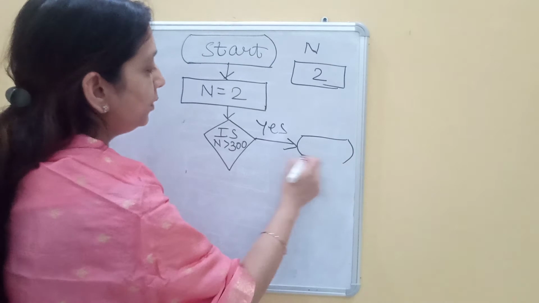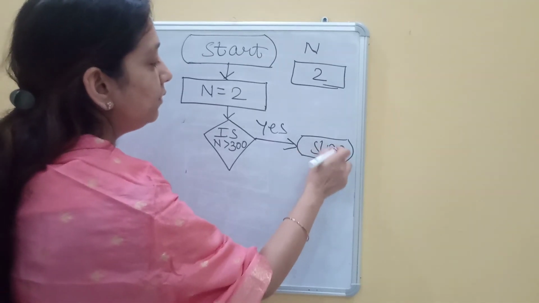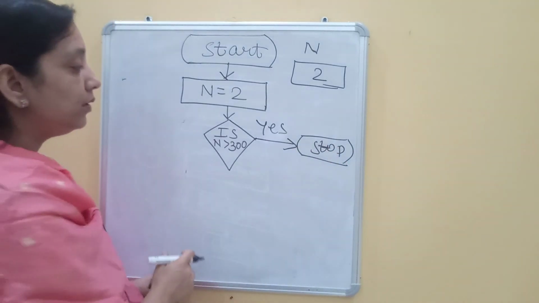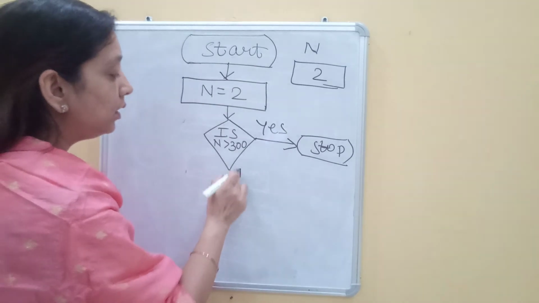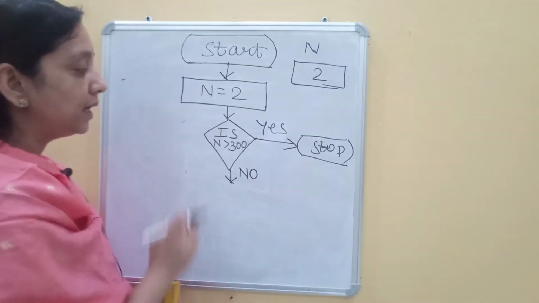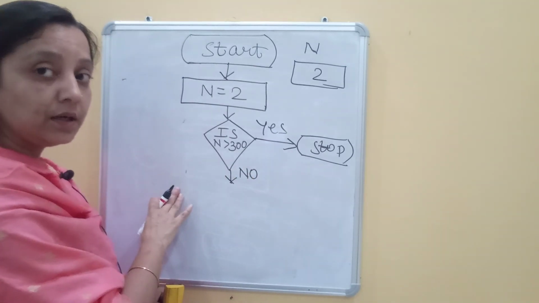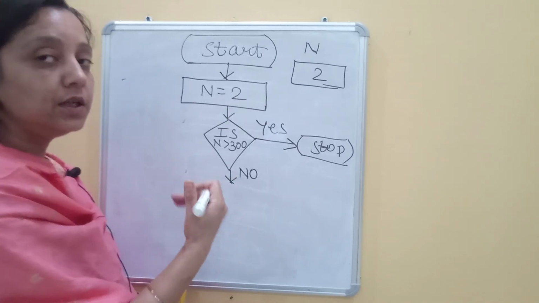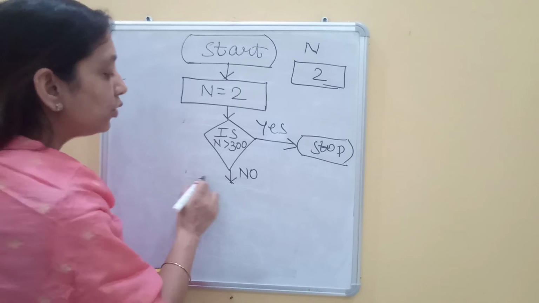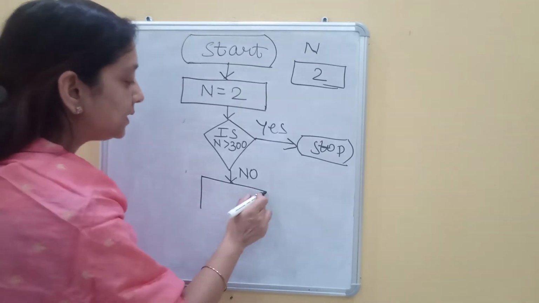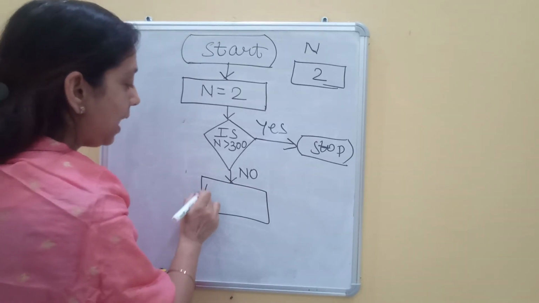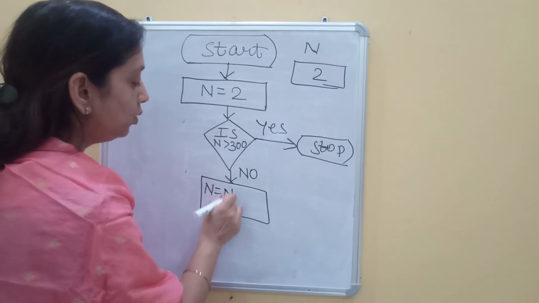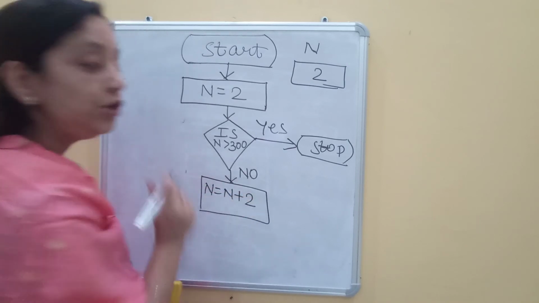I will say stop here. Yes, because I do not want even numbers which are greater than 300. But if at all this condition is not satisfied, that is the number is less than 300, that means I can still produce more even numbers, generate the list of more even numbers. So in that case, what will I do? I will say n equals n plus 2.